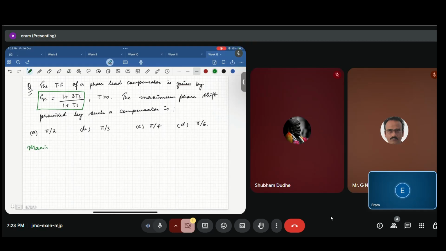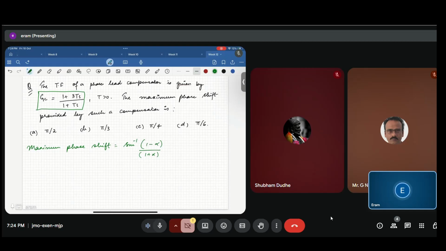So what is the maximum phase shift? It is equal to sine inverse of (1 minus alpha) by (1 plus alpha). Now how can we get the value of alpha?